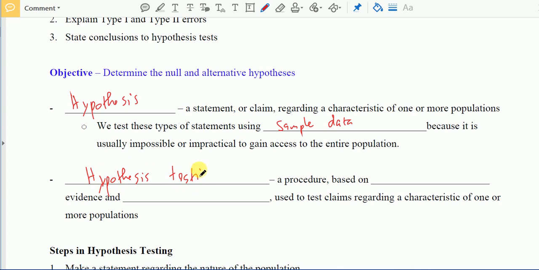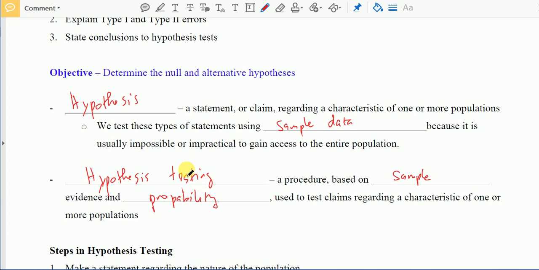Now, hypothesis testing. Hypothesis testing is just a procedure that's based on the sample evidence and the probability that's used to make a claim regarding a characteristic of one or more populations.